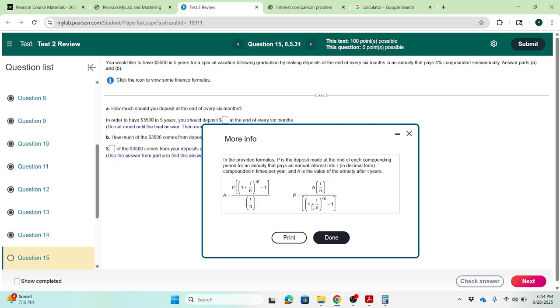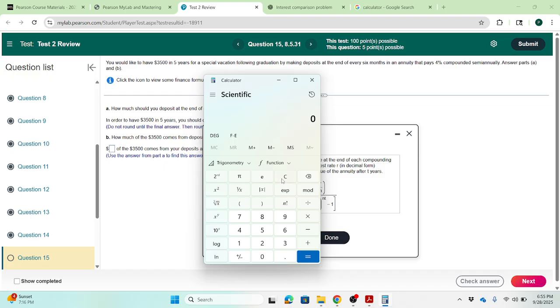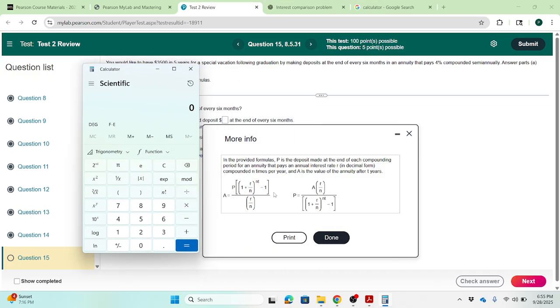That's the reason you have to use this second formula. In this second formula, A is 3,500, R is 4%, and since it's compounded semi-annually, n is 2. So I'm going to use this calculator directly.